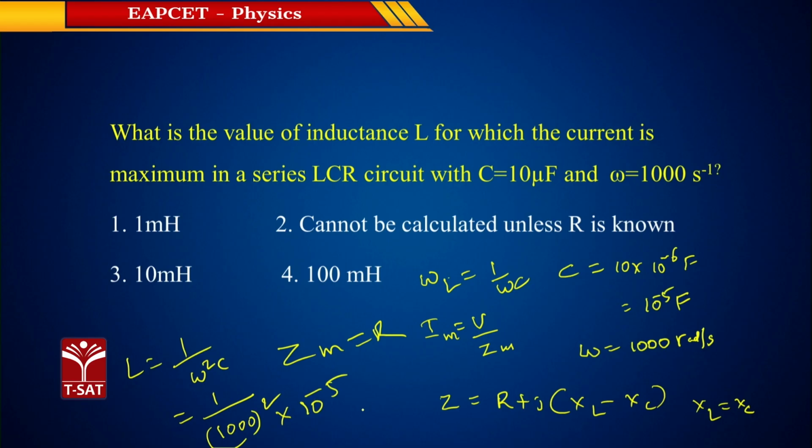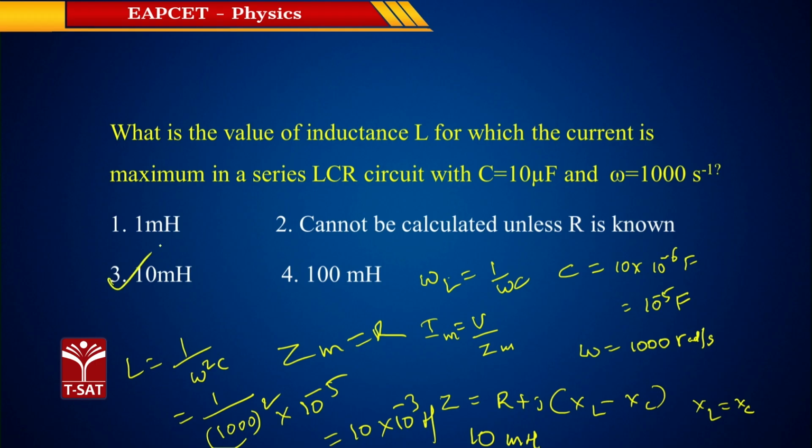Simplifying, this value is equal to 10 into 10 to the power minus 3 Henry. 10 to the power minus 3 is milli, therefore 10 millihenry. Therefore the third option is correct.